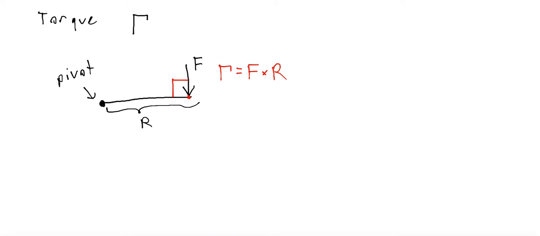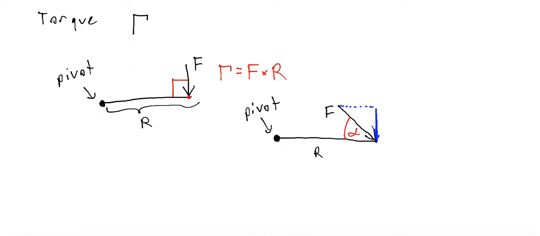Let's imagine that you have the same situation, but now the force makes an angle which is not 90 degrees. Let's name this angle alpha. In this situation, if you want to rotate this rod around this point, the center of rotation or pivot, you have to take only the part of the force which acts perpendicularly to the line which connects this point, where the force acts, with the pivot.